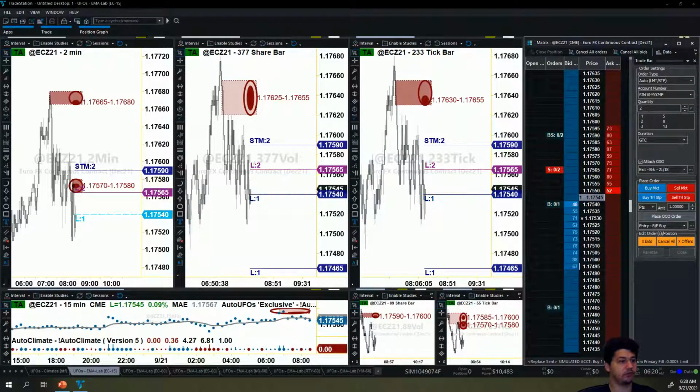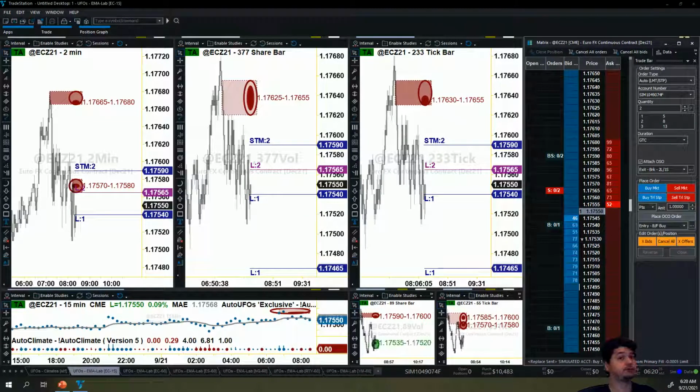So far looking okay. Couple of ticks away here on the euro. Come on, euro, give us a little something here. Okay, couple of ticks away.